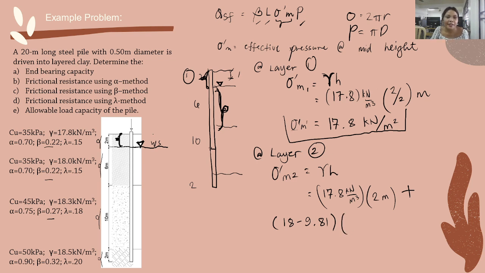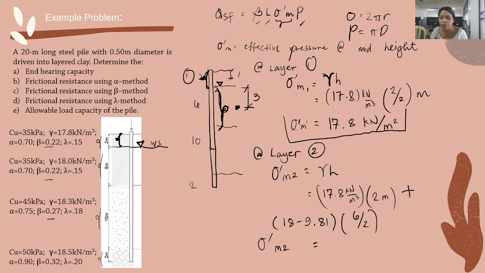Then, multiplied by the height of 6 divided by 2. So, ito ang kinukuha nating effective stress. 6/2 is simply 3 meters. So, i-add mo na yan and you will have effective stress at point 2 of 17.8 times 2 plus 18 minus 9.81 times 6/2.